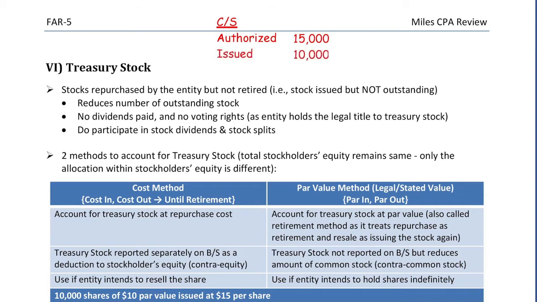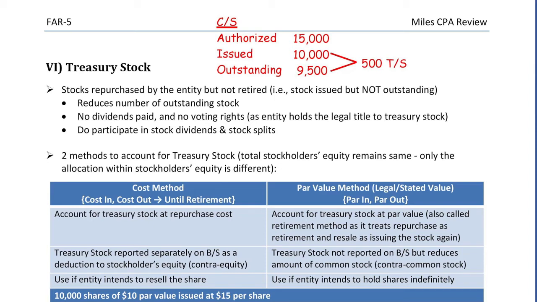So let's say the entity has actually issued 10,000 of the 15,000 common stock it was authorized to issue. Outstanding 9,500. So this is the issued stock which is in the hands of the shareholders. The difference between issued and outstanding, 500, is treasury stock.